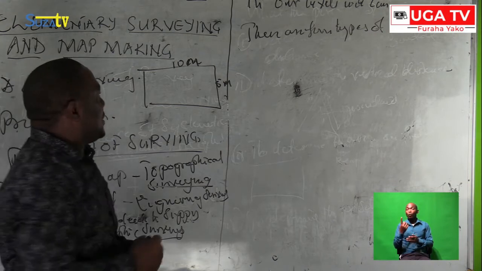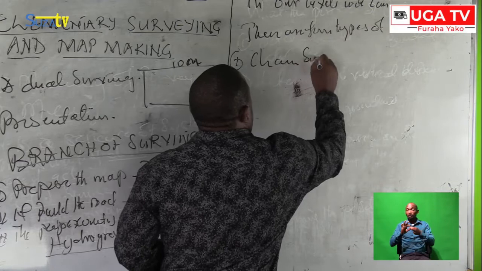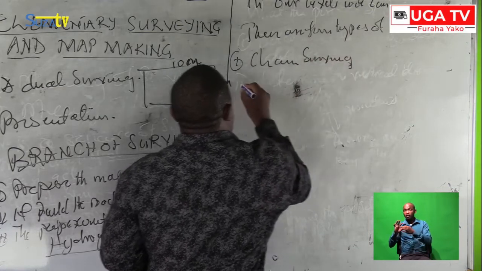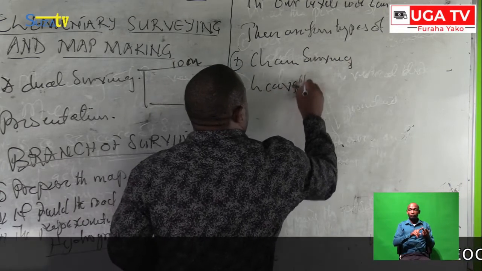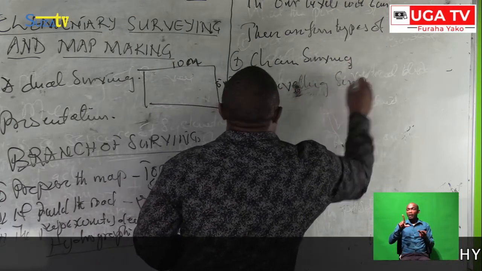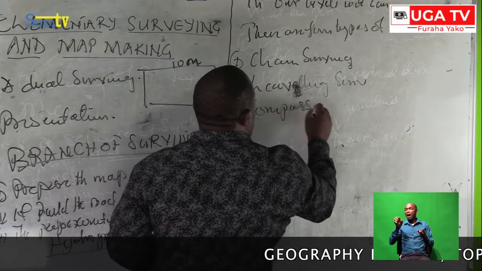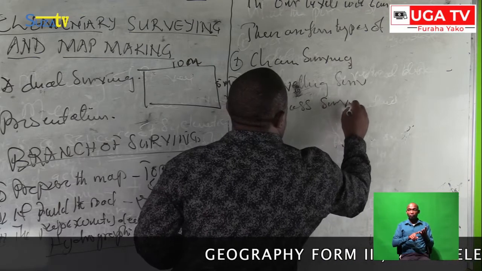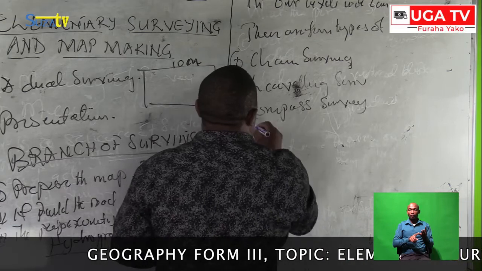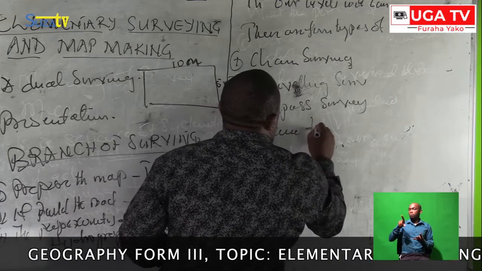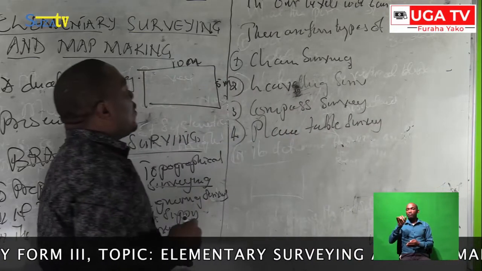One, my students, is chain surveying. The second is leveling surveying. The third is compass surveying. And the fourth is plane table surveying. This is survey according to the method.